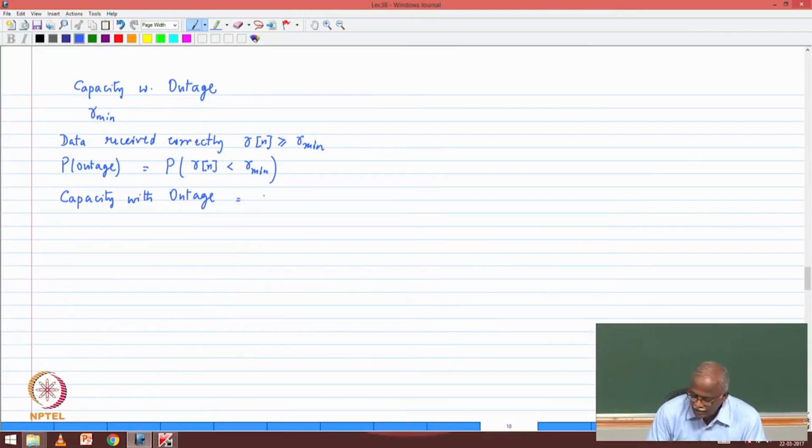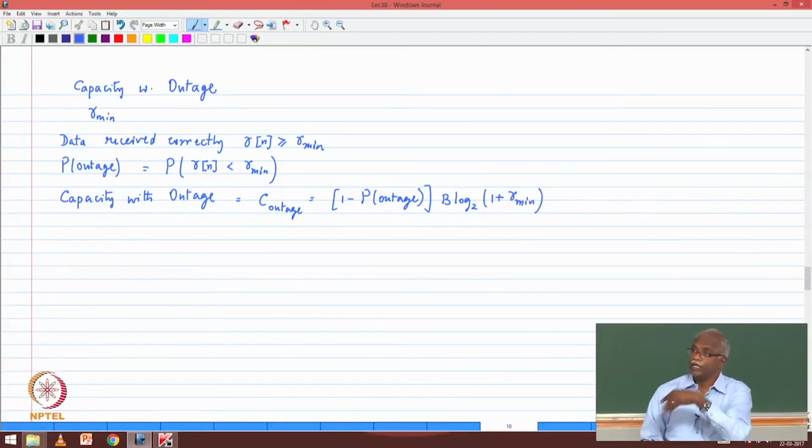Let's call this C subscript outage, that means with outage. This is equal to 1 minus probability of outage times B log base 2 of 1 plus gamma min. Right, because gamma min is my threshold for which I have designed. Anything above that, the data will get through.